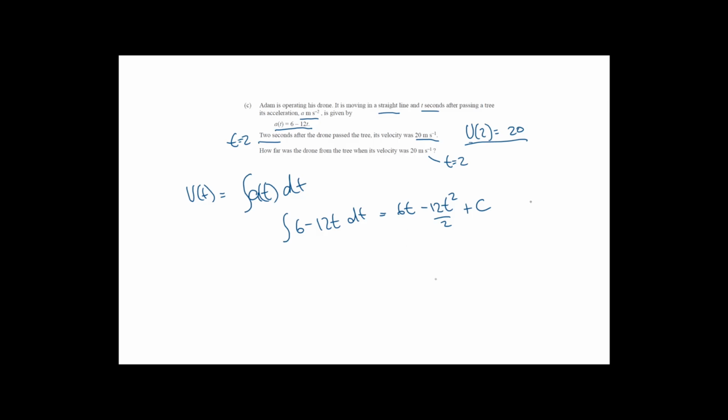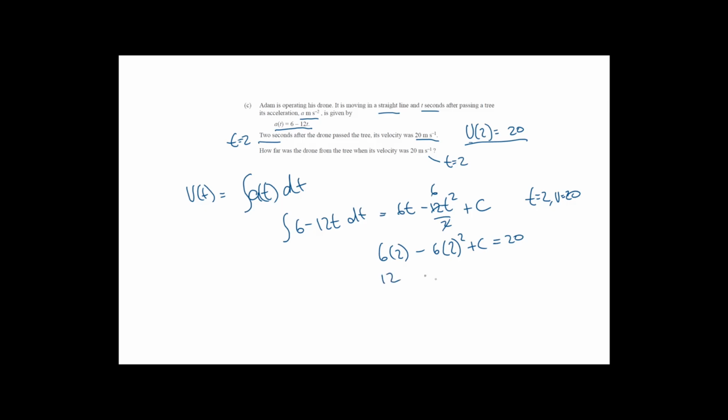So when t equals 2, velocity equals 20. So 6 times 2, and this is going to cancel as minus 6 times 2 squared, plus c equals 20.